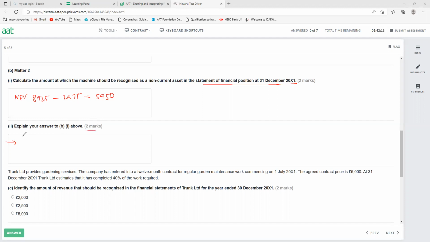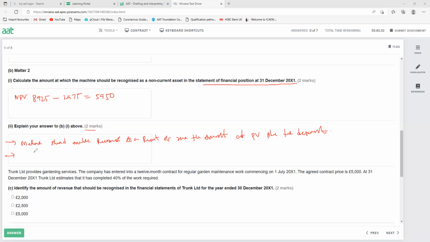So we'll say the machine should initially be recognized as a right of use asset at present value plus the deposit. Number 1.